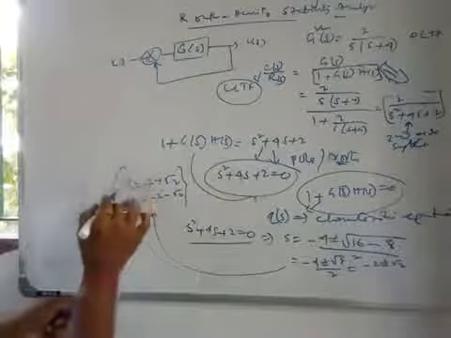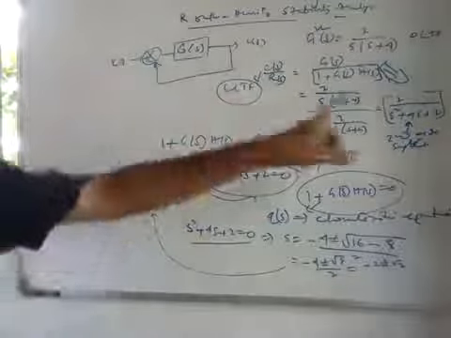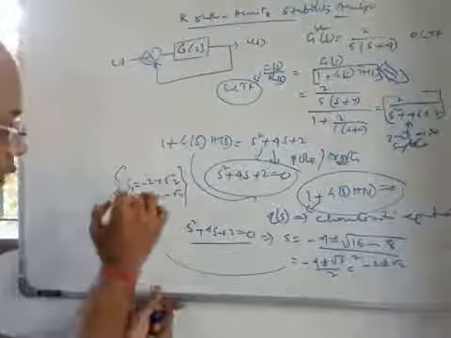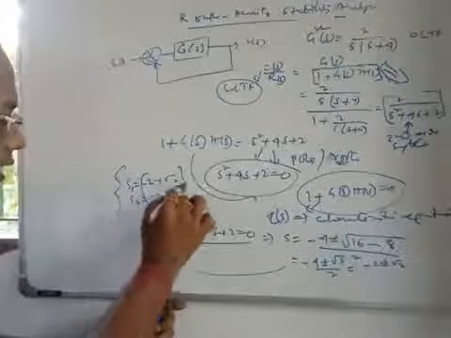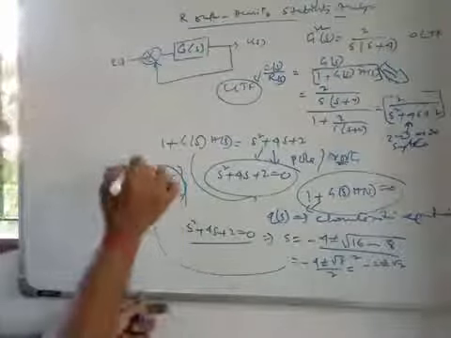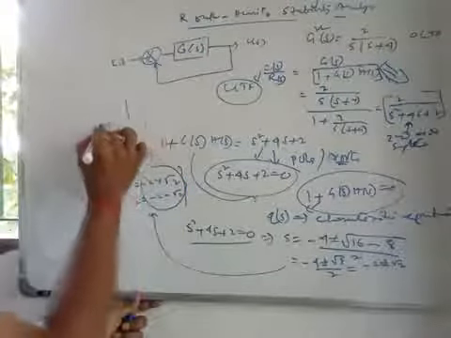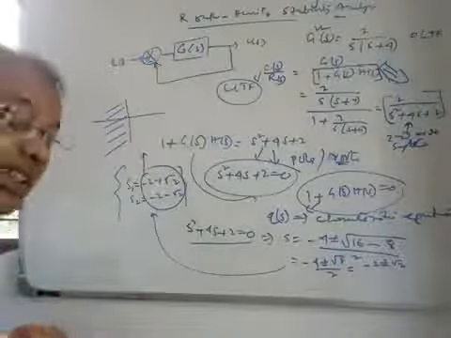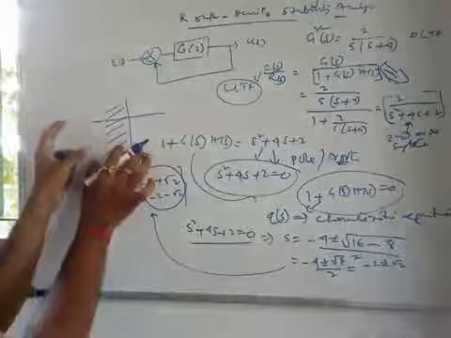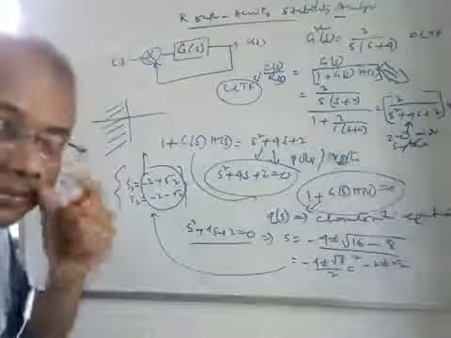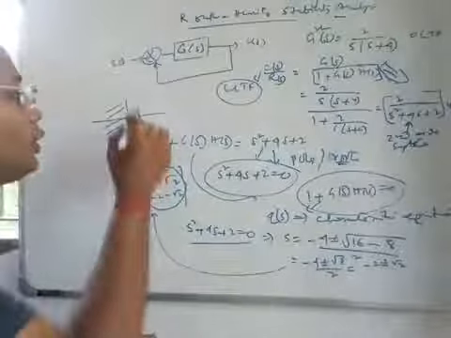This system is second order, and you can find the pole locations. In both cases you see these are negative real roots, so the poles are lying on the left hand side of the s-plane. If the poles are lying on the left hand side, what do you get? The system is closed loop stable, right? You get that the system is closed loop stable.